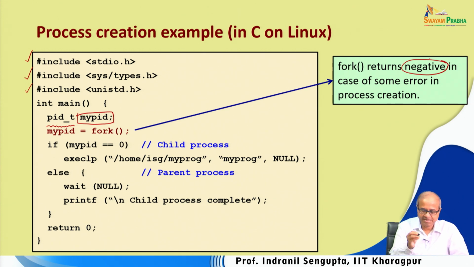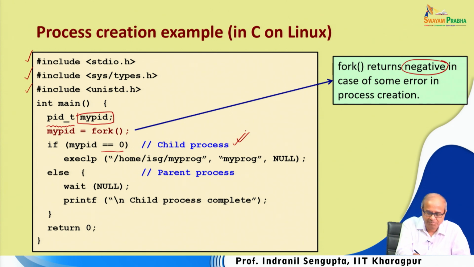But here we are checking if my_pid equals 0 or not. Equal to 0 means, as I said, it will be the child process; the PID will be 0 for the child process, and greater than 0 for the parent process. So, if it is a child process, it can invoke an exec system call.